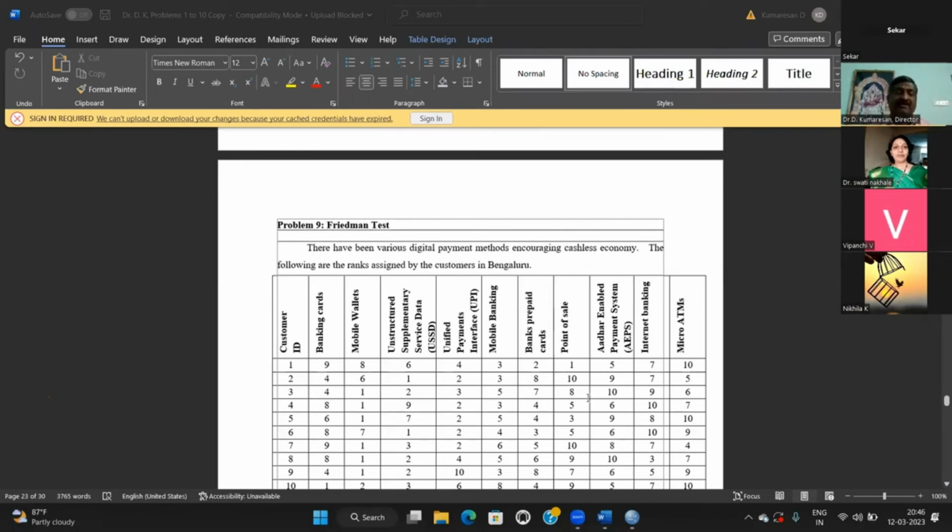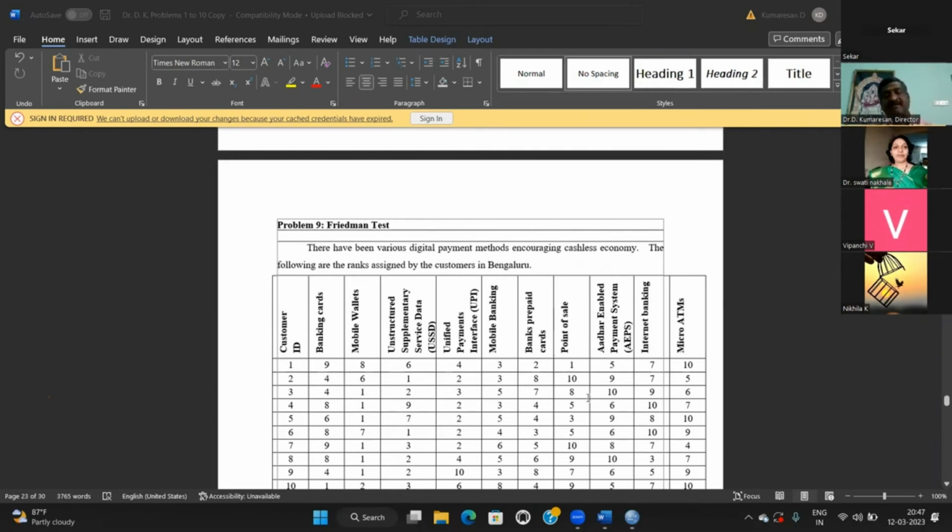In the case of Wilcoxon test, the data is ordinal. That's all. So it is called two related samples. Wilcoxon test is also called two related samples test or non-parametric equivalent to the paired samples T test. That's all.